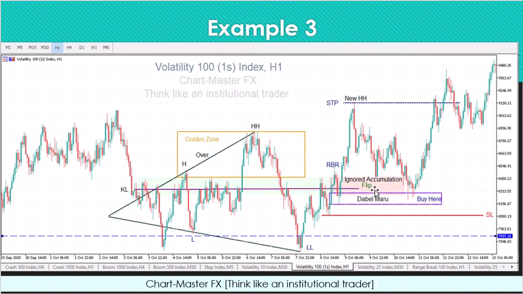You can see also, guys, that we had an ignored accumulation, and the price actually accumulated here and went up with momentum, which is a form of liquidity. Once the price comes back to this ignored accumulation, we expect the price to go up.